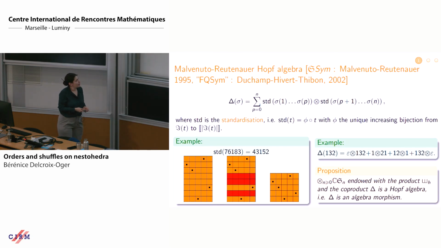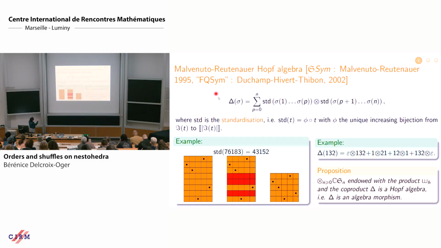So I announced to you Hopf algebras. Malvenuto and Reutenauer defined Hopf algebras on permutations. So what is a Hopf algebra? A Hopf algebra is an algebra with a product and a coalgebra with a coproduct. And to have a Hopf algebra, the coproduct must be an algebra morphism.